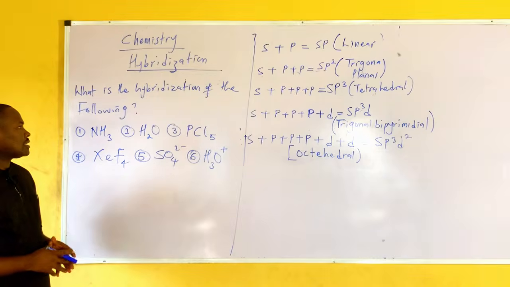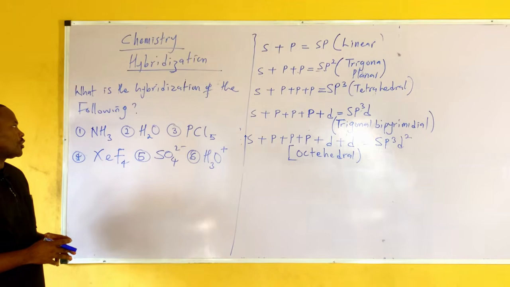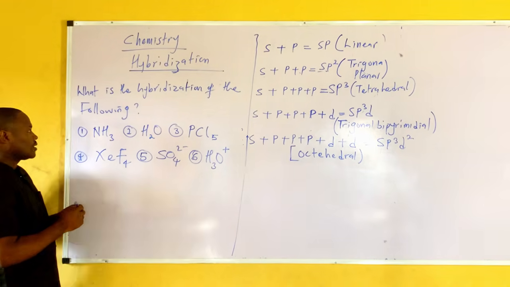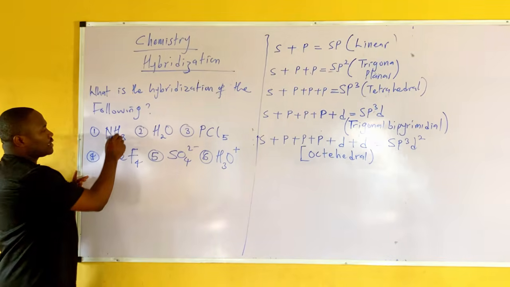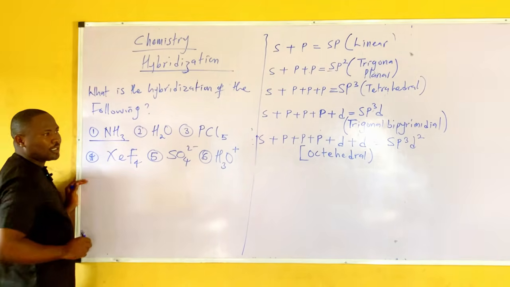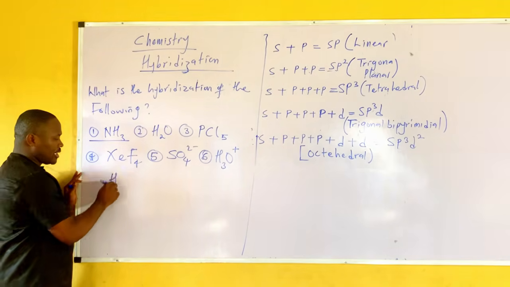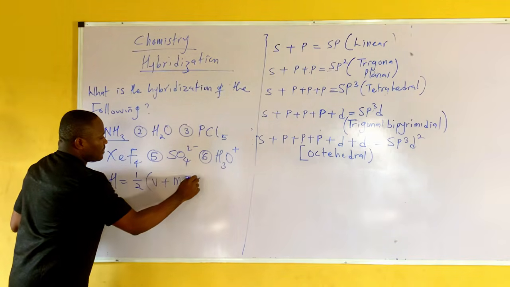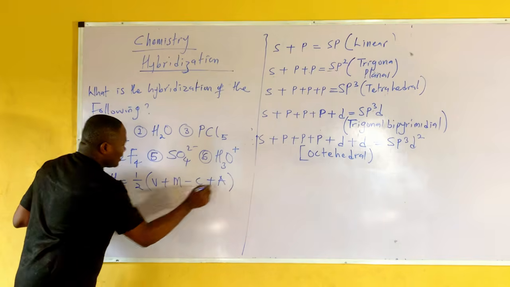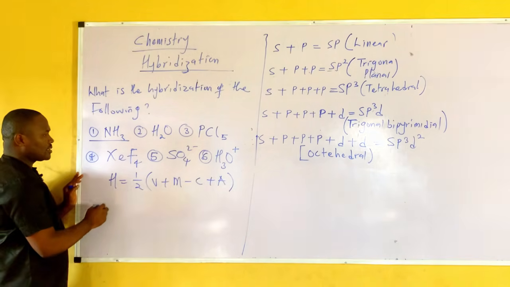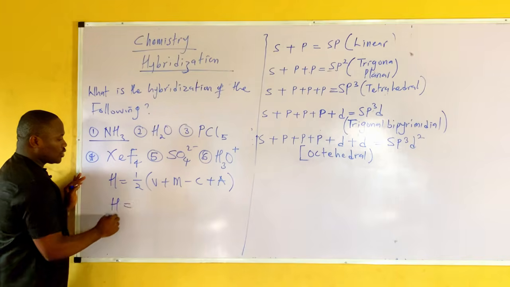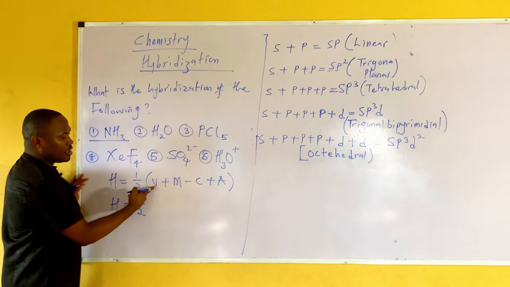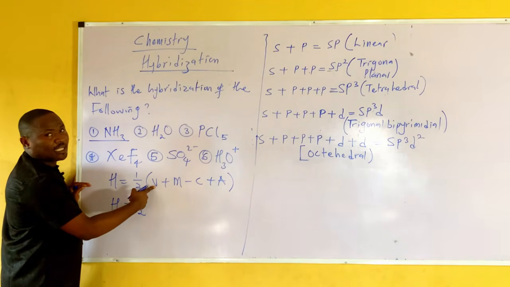Now let's look at other examples of hybridization questions. The first one says, what is the hybridization of ammonia? We are solving with H equals 1 over 2, open bracket, V plus M minus C plus A. Now let's be fast about this. Remember, V is the valence of the centralized atom.